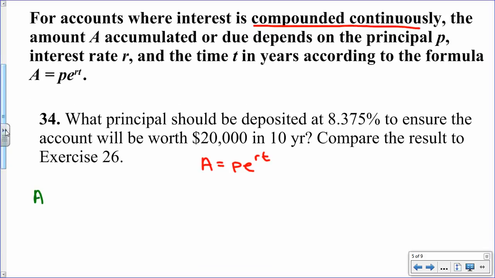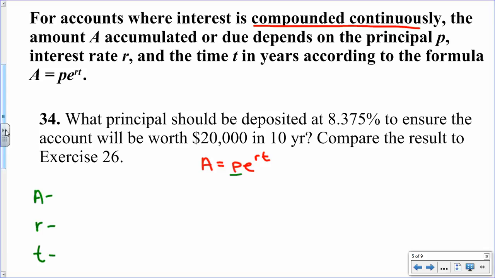So I need to figure out, it says what principal, so what variable am I looking for? So I need A, R, and T. E is not a variable. You're not plugging in a number for E. E is a number.